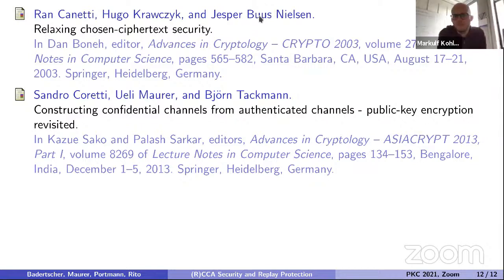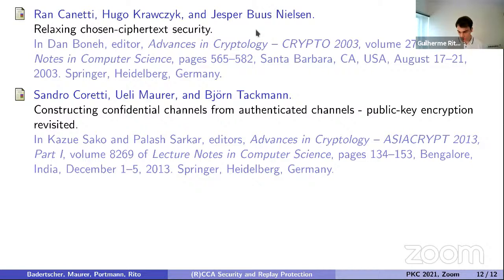Maybe I can ask your view about what is the practical impact of having all these different notions? So the main thing is, there could be an issue with schemes which are just proven RCCA secure, in particular if their message space size is small.